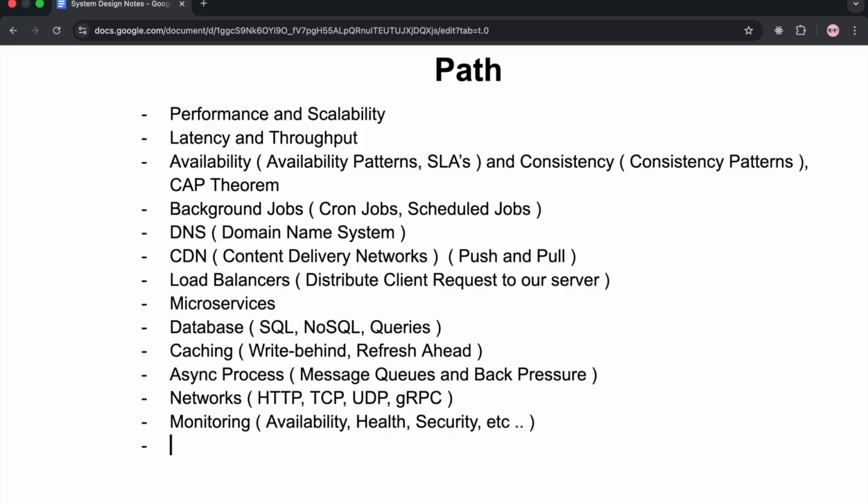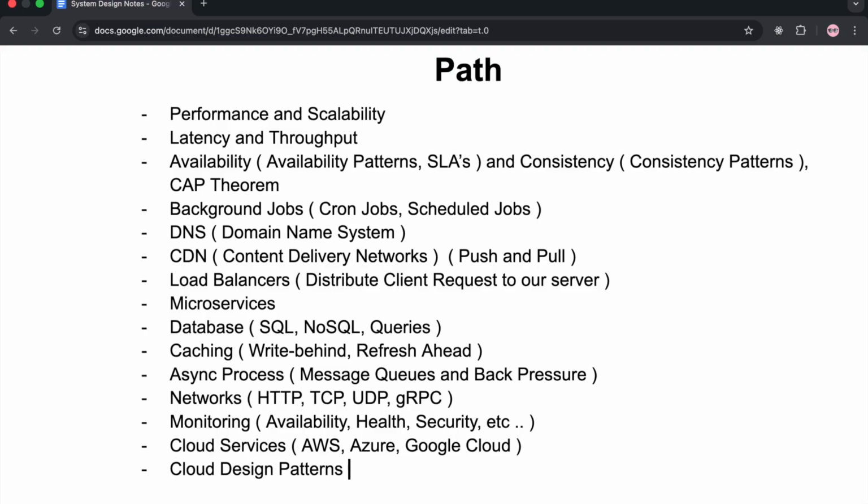We will also talk about cloud services, basically AWS, Azure, and Google Cloud, etc. We will also talk about cloud design patterns, like indexing, sharding, and priority queues, and many more.